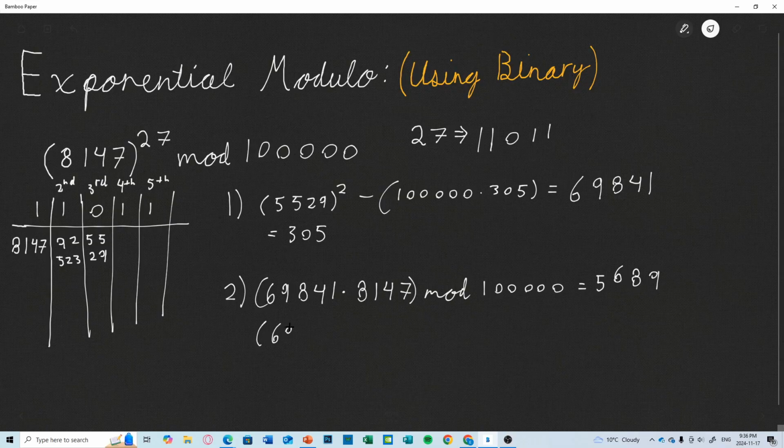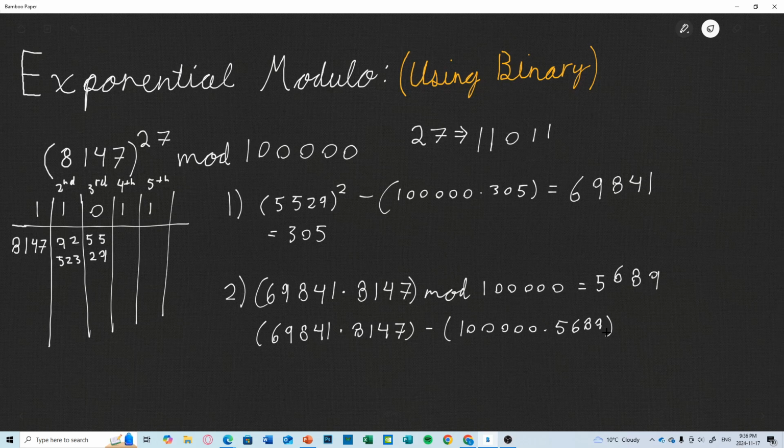So we'll just do our subtraction again of our 2 digits inside the bracket, subtracted by 100,000 multiplied by 5,689, which will give you an answer of 94,627, which will go in our fourth column.